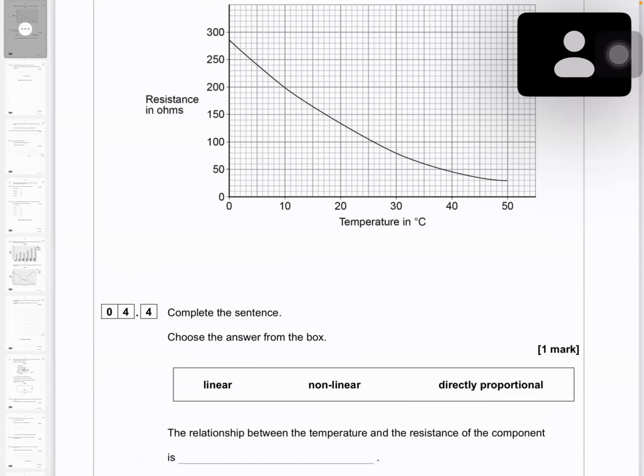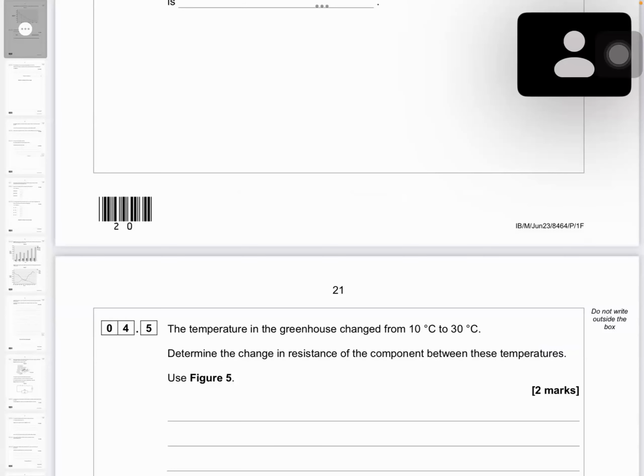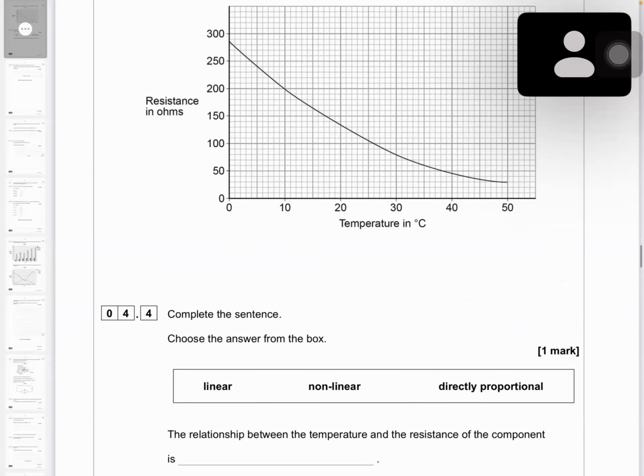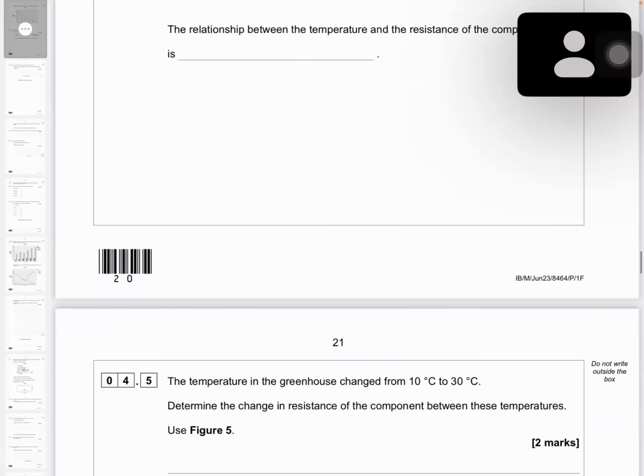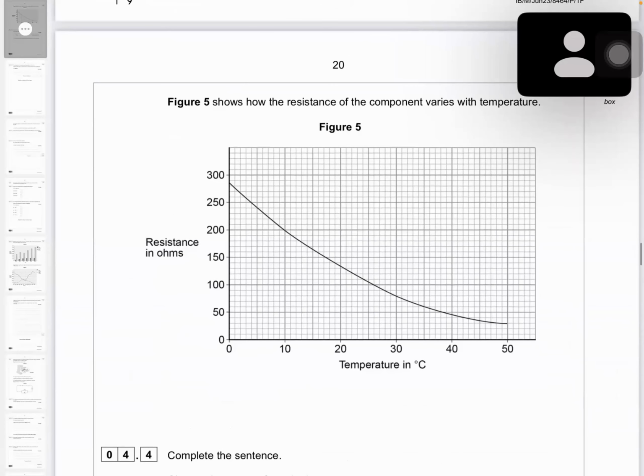What value do you see there? That's 200, right?